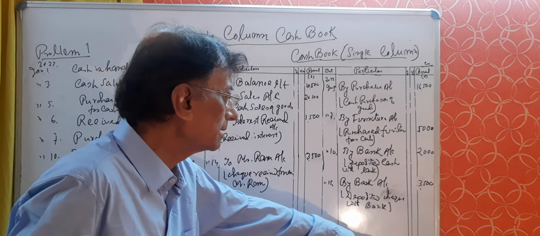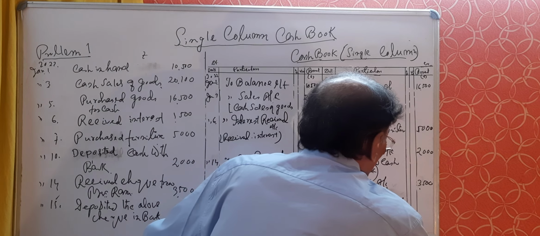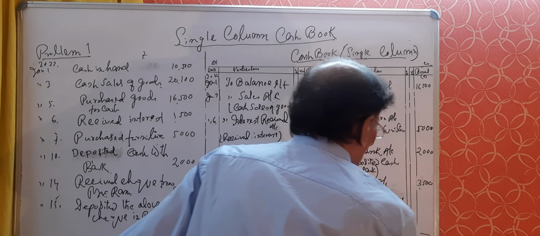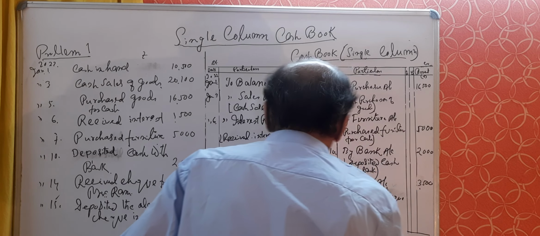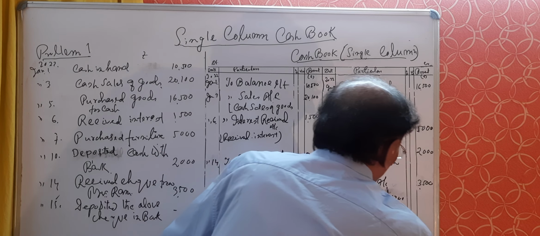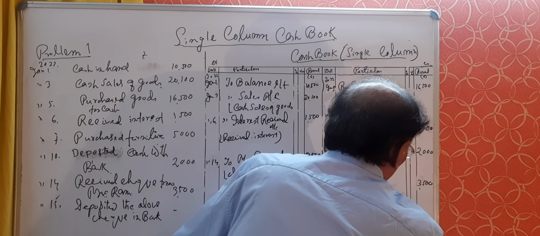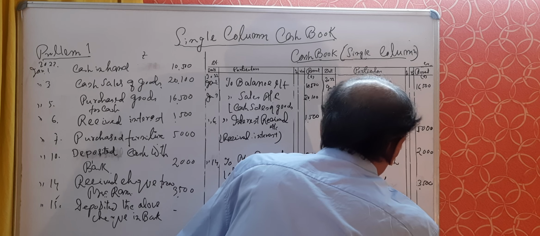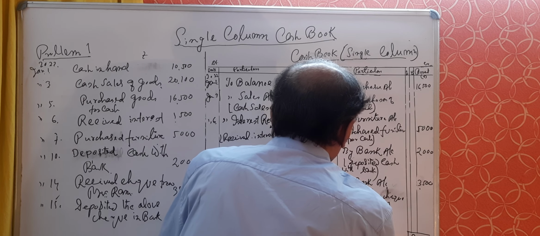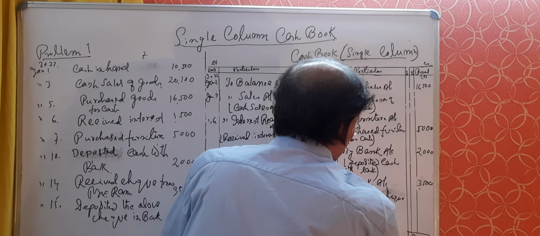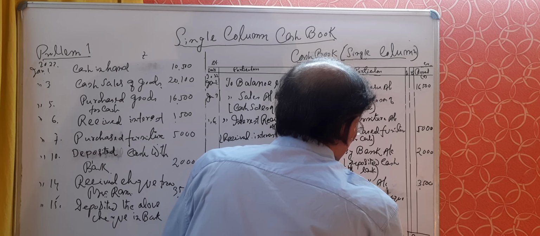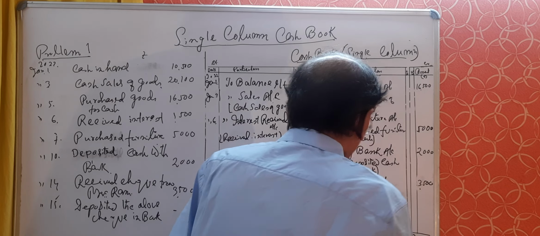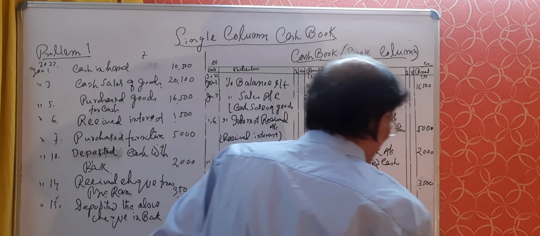We should go to the credit side and write this value for balancing the account. We should find out the difference of the two sides.